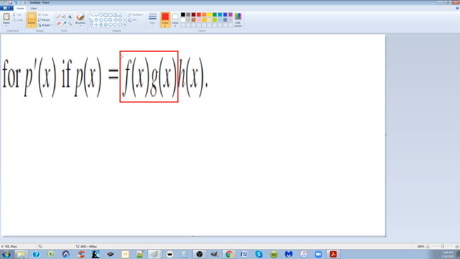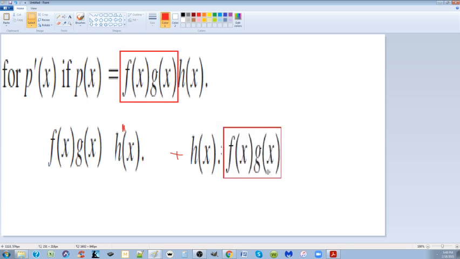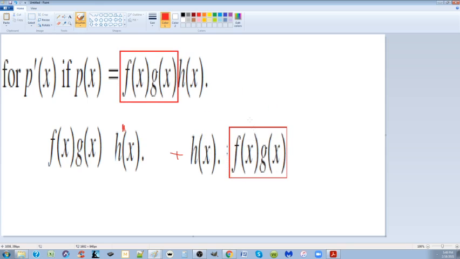So with the product rule, I would just take this function and multiply it by the derivative of that function. And then I would add, and I would just take this function and multiply it by the derivative of this thing. But here's the trick. To find the derivative of this one, we must apply the product rule within there.